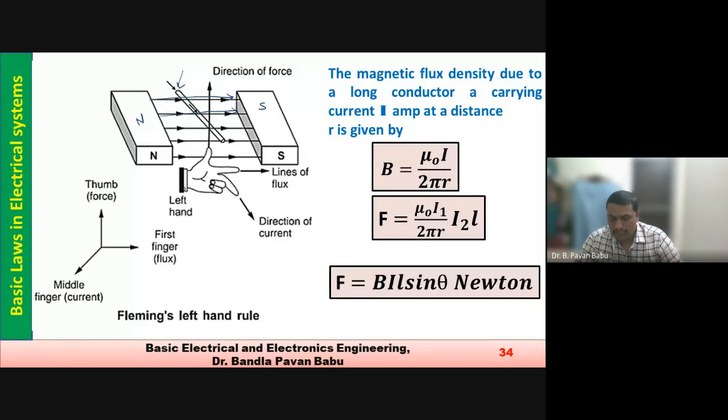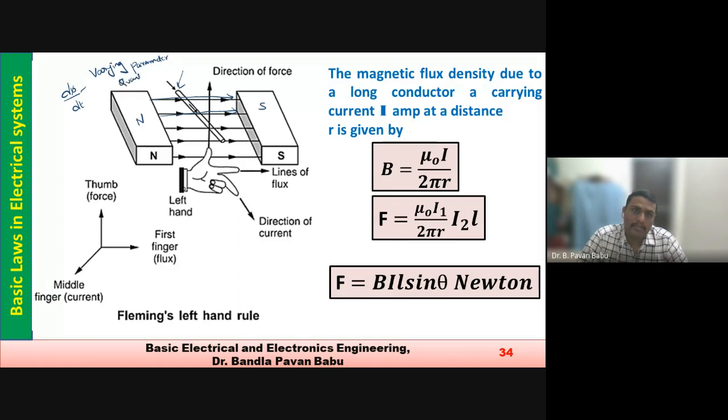Here one thing I would like to highlight is that the flux should be varying. Our major factor is that there should be a varying parameter or varying quantity.